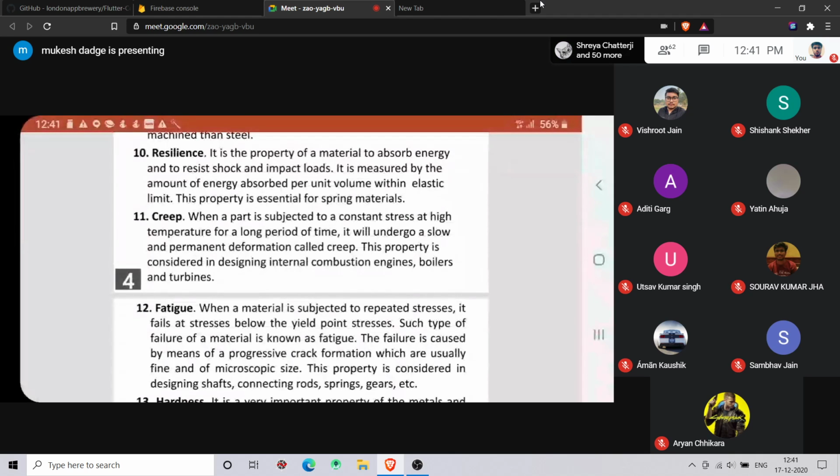Suppose five years I kept that one in a hot temperature. So what is happening? It will bend, right? That bending is nothing but the permanent deformation. So you can say that this bar is having low creep value.